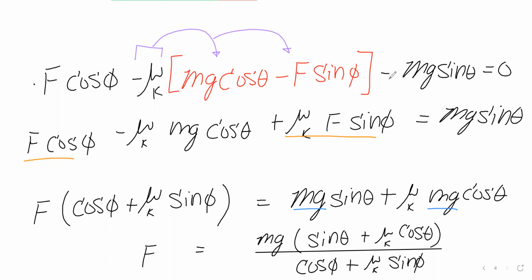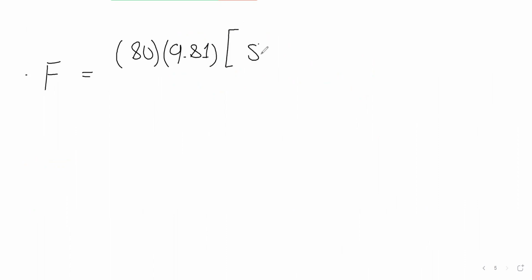Wonderful. So we're basically done, but let's plug in the numbers. So now I'm just going to do f equals. It was mg, so I'm going to replace my m with 80. g is 9.81. We said sine of theta, so that's sine of 25, angle of the ramp, plus mu, 0.70, cosine, angle of the ramp.